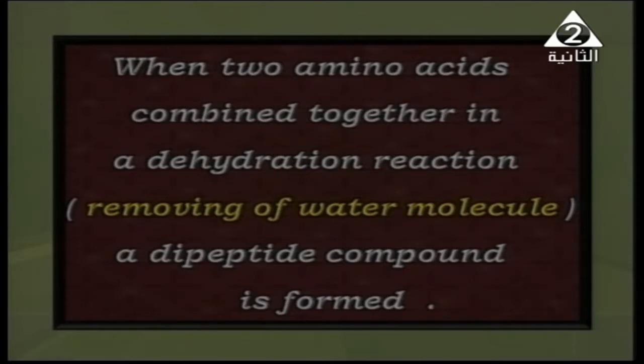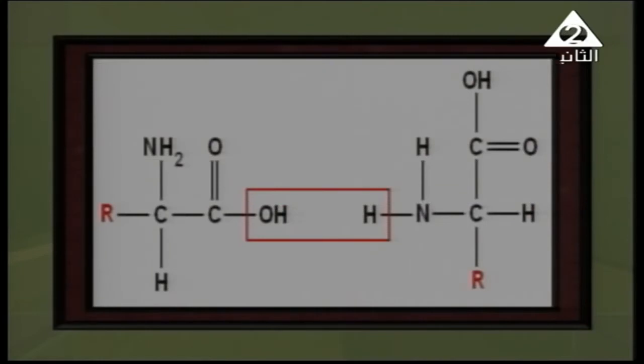A dipeptide compound is formed. This means when 2 amino acids bind together, they form a dipeptide compound. For example, we have here 2 amino acids, and by elimination of water, a dipeptide will form.